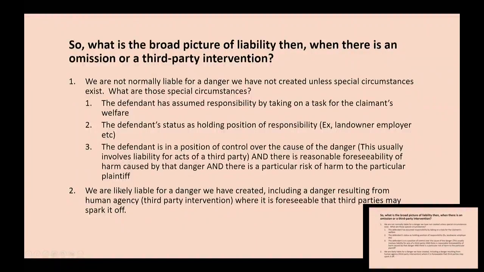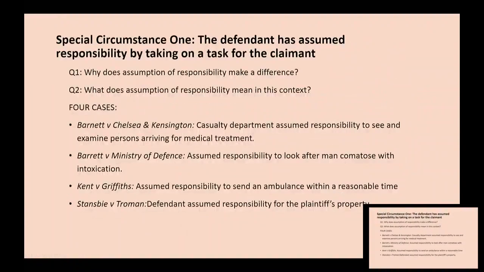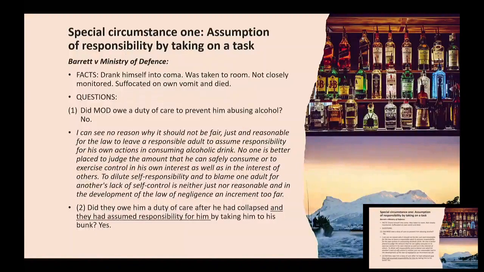The second point here, which we will get to. So the court that we're considering this claim brought by Barrett's widow against the Ministry of Defence, they considered these other cases involving alcohol abuse and they distinguished them, because they involved an additional positive act. So they said there is no duty of care on behalf of the Ministry of Defence to prevent him from abusing alcohol.